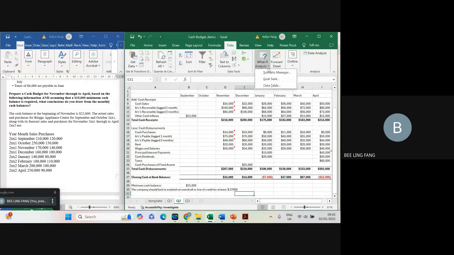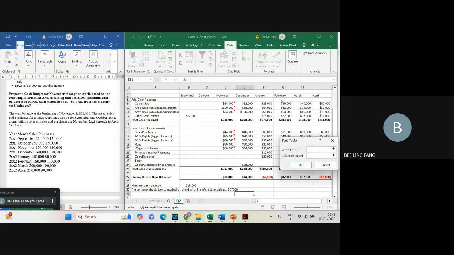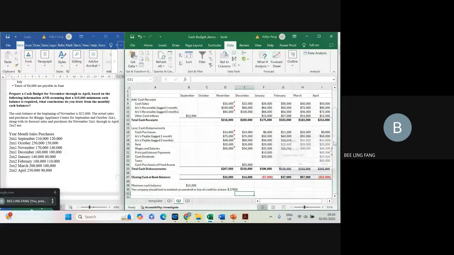Okay. So maybe the question will ask about a data table. So yeah, you can say what is a data table. You just find it here. Data table, okay, like just see the output. Here you can say multiple outputs based on 2 variables at the same time. That means you need to set your variable and also the column, right?